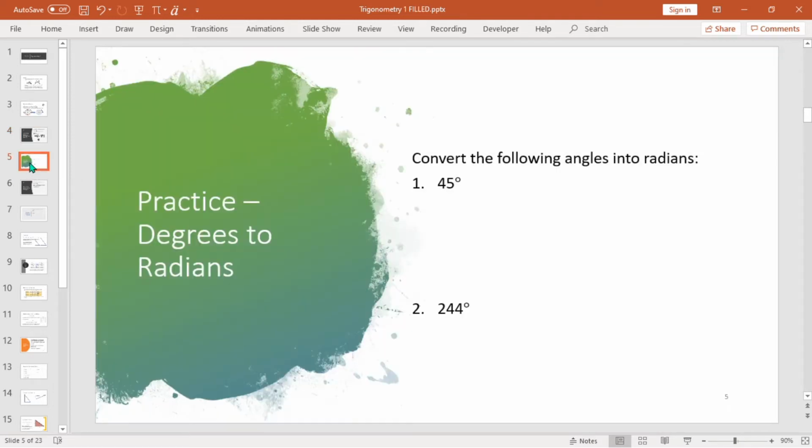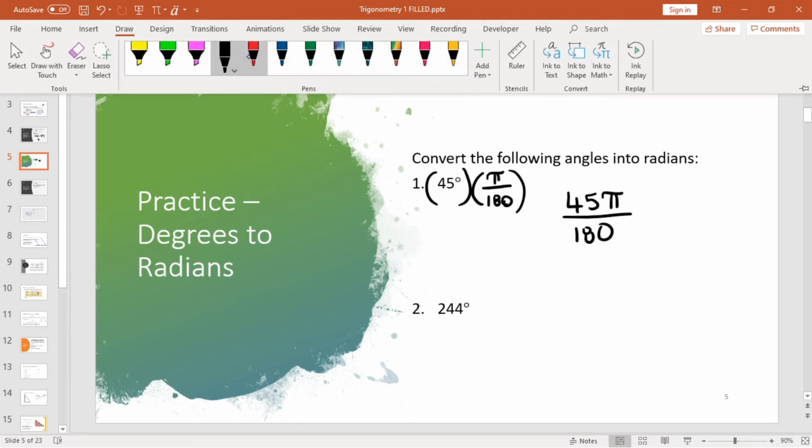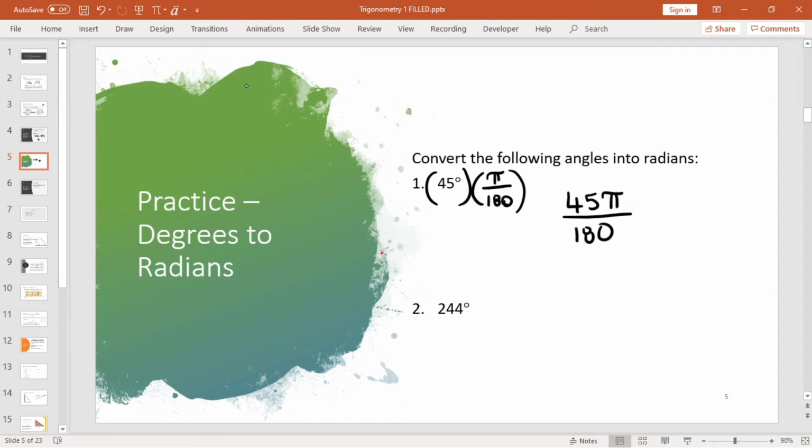So just quickly looking at a couple more. Take the degrees, multiply by pi over 180, get an initial fraction, and then reduce if you can. Now 45 happens to go into 180 evenly, so we're going to change that to 1 and change that to a 4, and we see that 45 in radians is pi over 4.